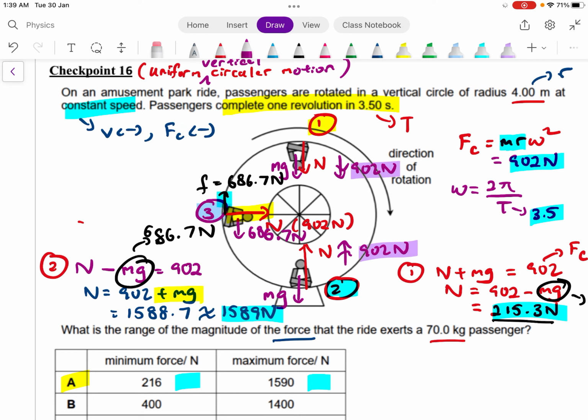So you can see that they're perpendicular to each other, meaning that you can use Pythagoras' theorem to get the total resultant force. So this is the resultant force of the floor acting on the passenger. You simply use this force, which is equal to the square root of 902 squared plus 687 squared.